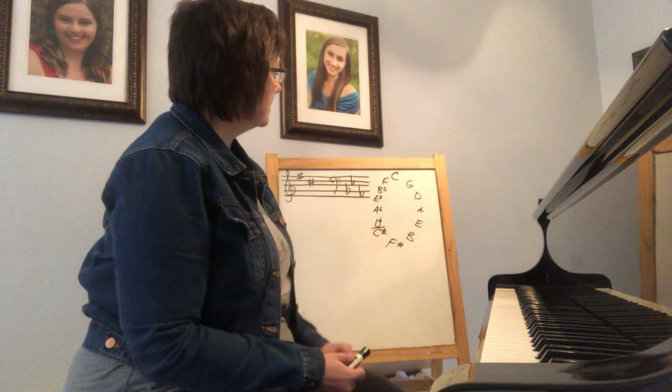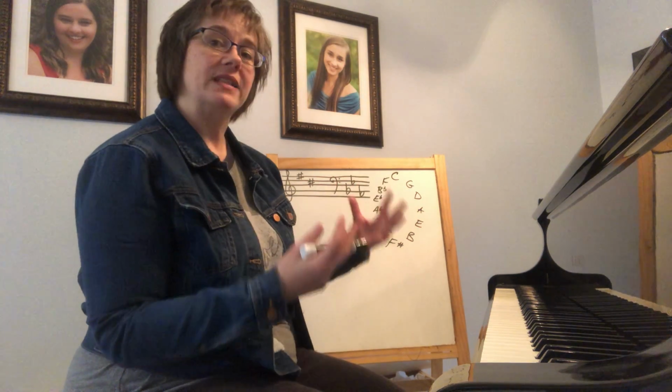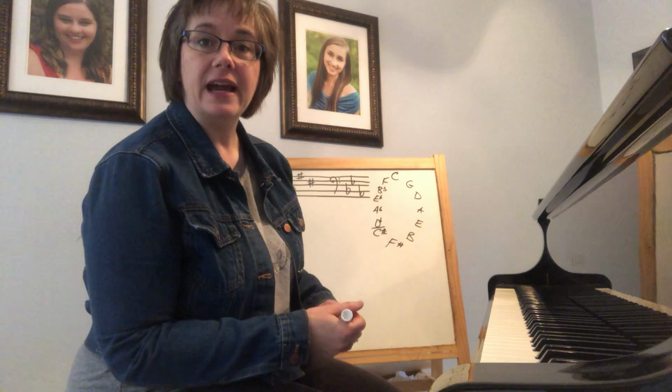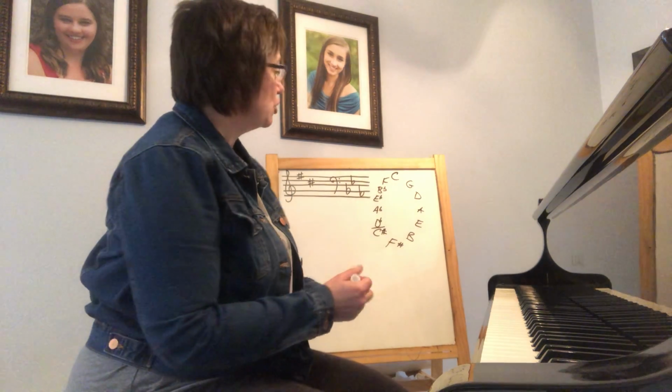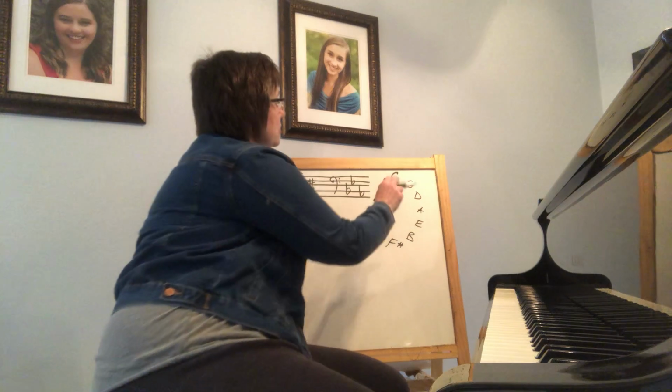But this is where key signatures are based from, because what's happening is that we're gradually adding sharps and flats to our hand position. So for instance, the key of C, which tends to be everybody's favorite, has no flats or sharps.